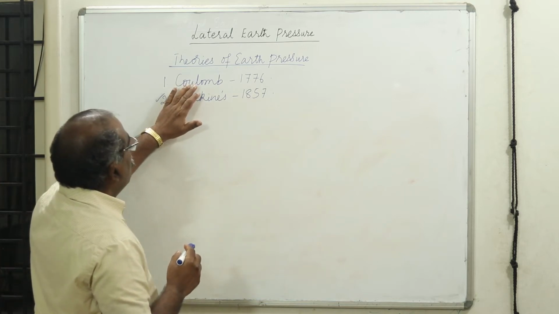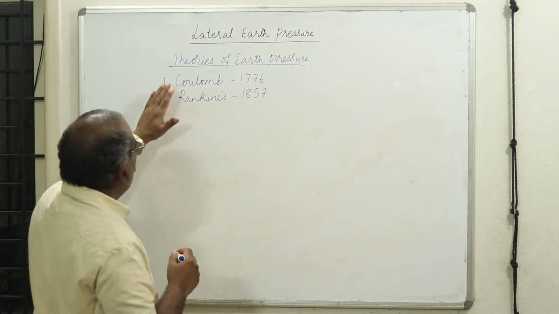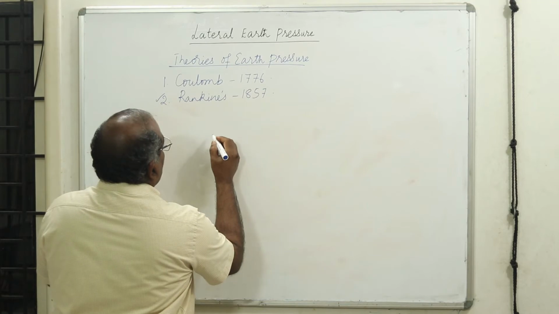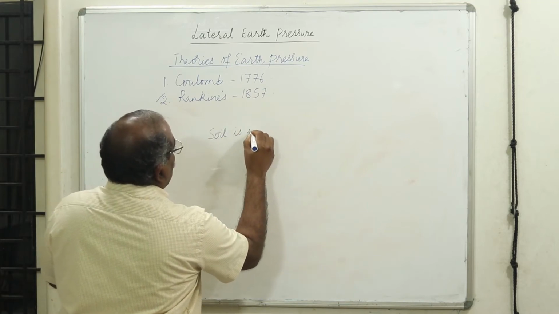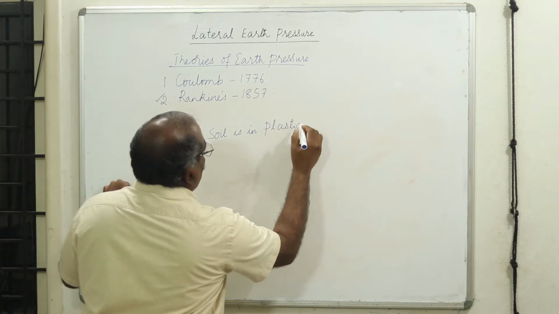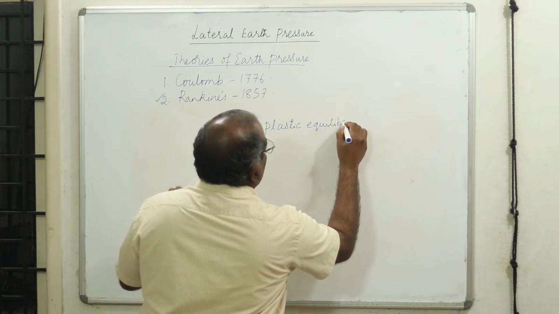Coulomb's theory is useful for understanding the graphical problems, and it is a more practical case. In both theories, the basic assumption is that the soil is in plastic equilibrium. What do you mean by plastic equilibrium?